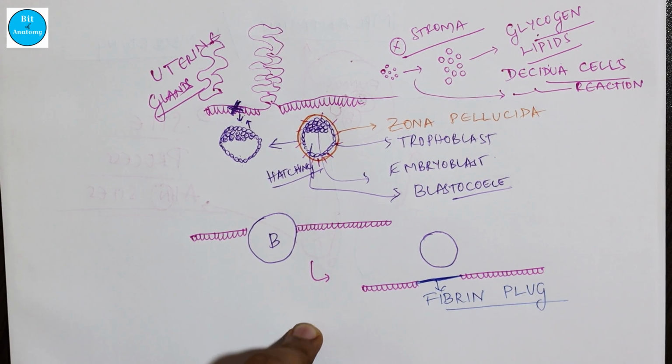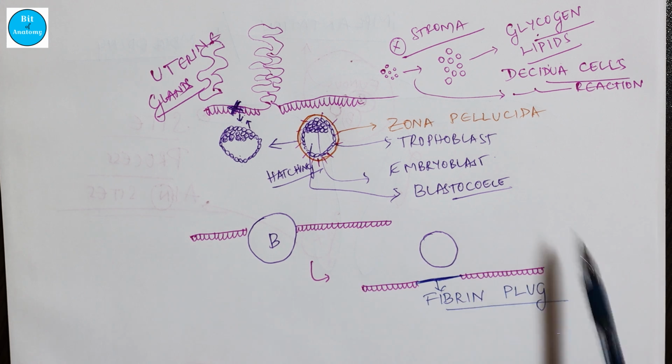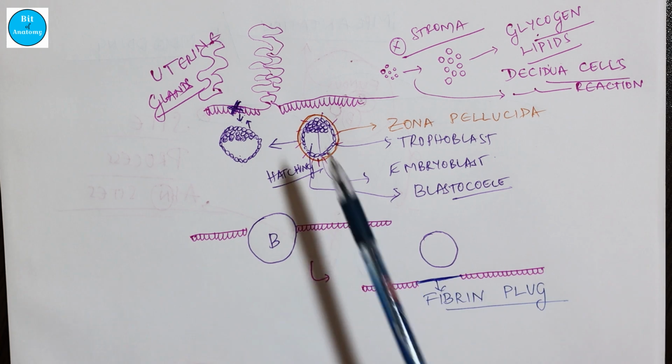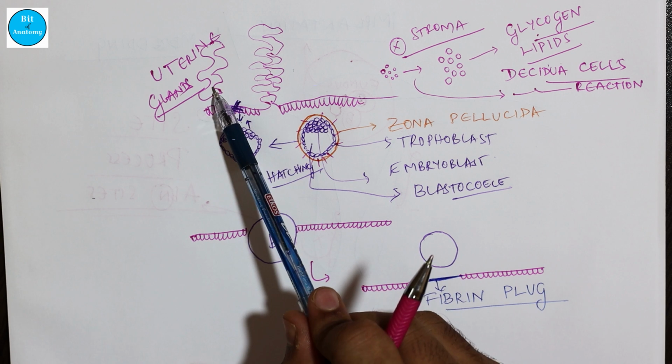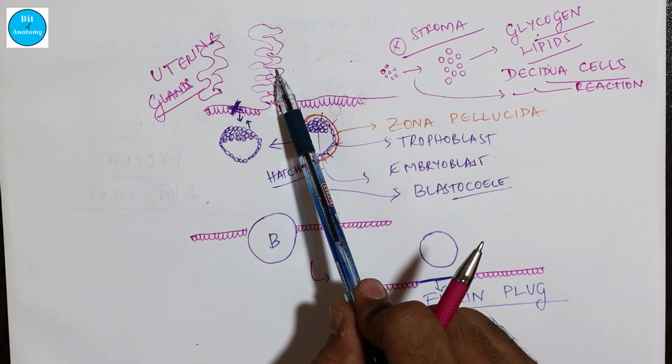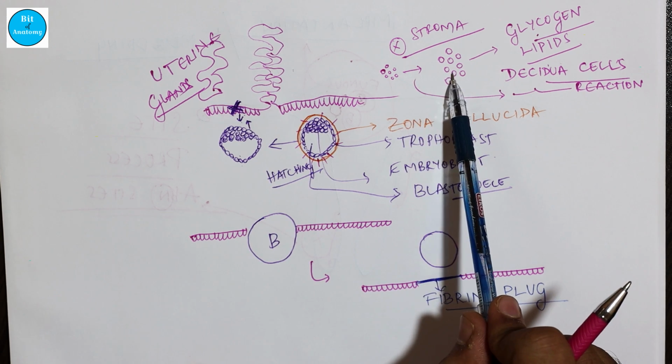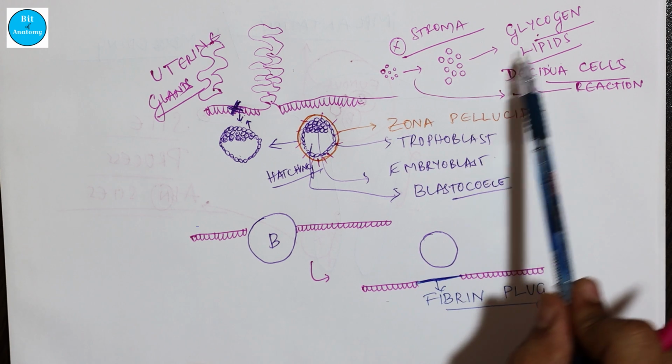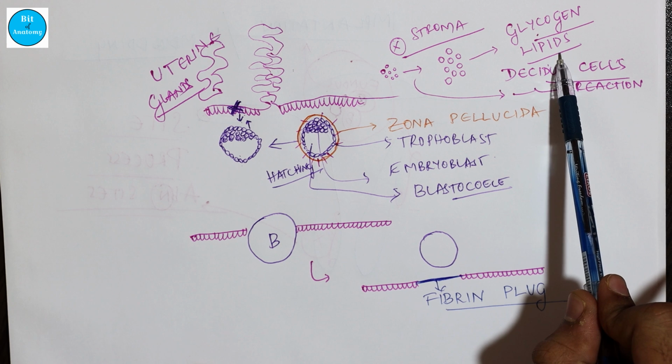So these are the various processes that occur in implantation. There are changes in the uterine wall, where the glands are already formed in the secretory phase. There will be a decidual reaction in the stromal cells, where the cells will accumulate glycogen and lipids.